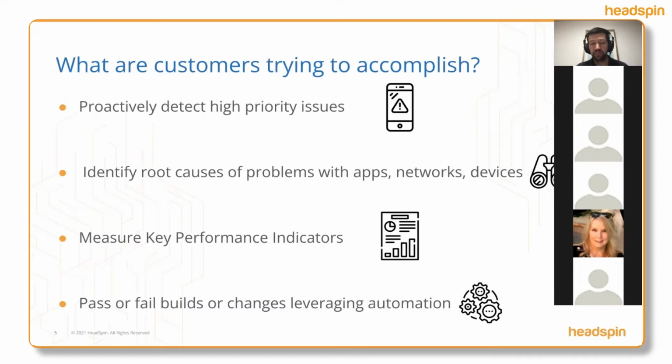And then finally, pass or fail builds or changes leveraging automation. So many customers will run manual tests on the platform, but the automation around the data analysis and collection actually saves a huge amount of effort. In addition, most of our customers will actually interface with the product via automation.